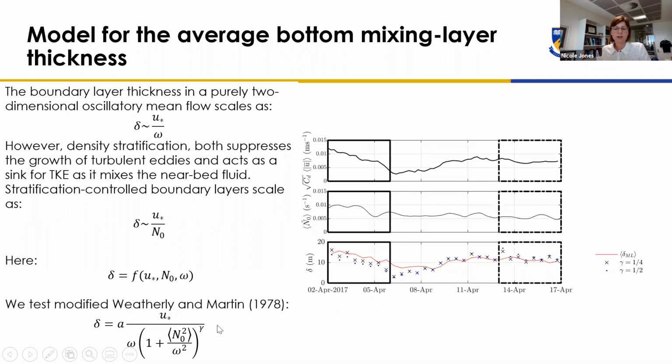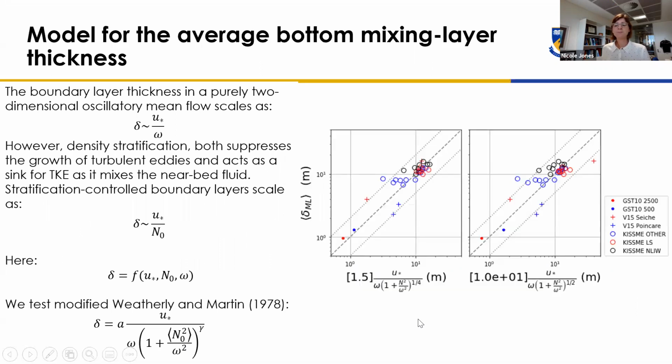Now, the satisfying thing about gamma being equal to 1/2 is that this equation goes back to its limits, but interestingly, it appears that gamma equal to 1/4, at least with the data that we've used, gives us a coefficient which is closer to order 1, and so perhaps this is a slightly better fit.